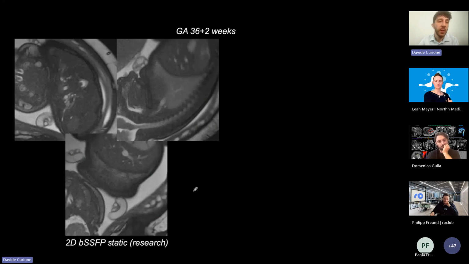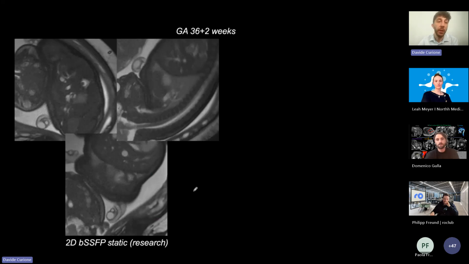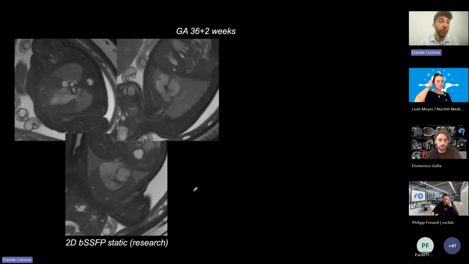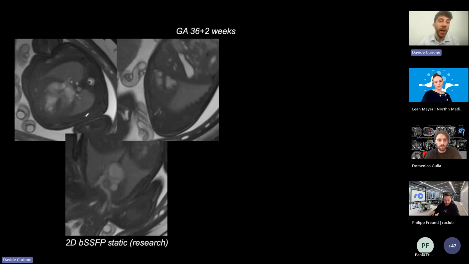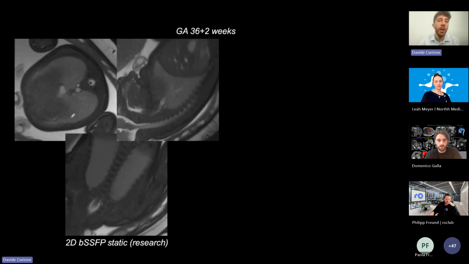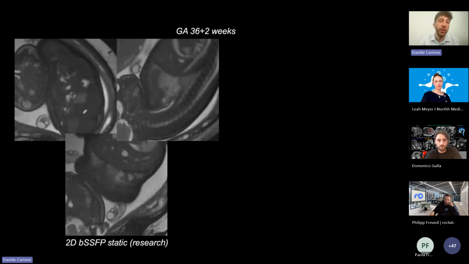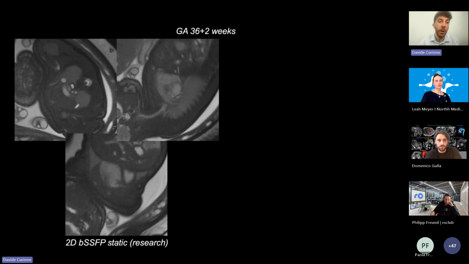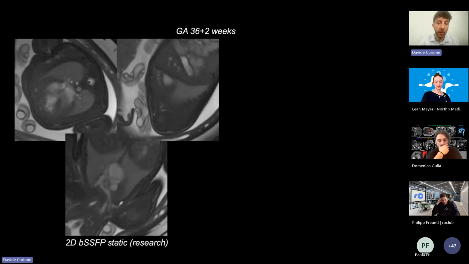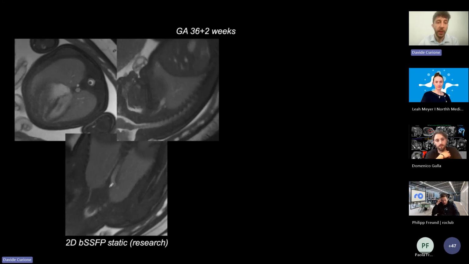This is another case of a suspected mild aortic hypoplasia and mild ventricular discrepancy. As you can see in the different planes, there is only minimal discrepancy between the ductus and the aortic arch. And you can also see this in the other planes.